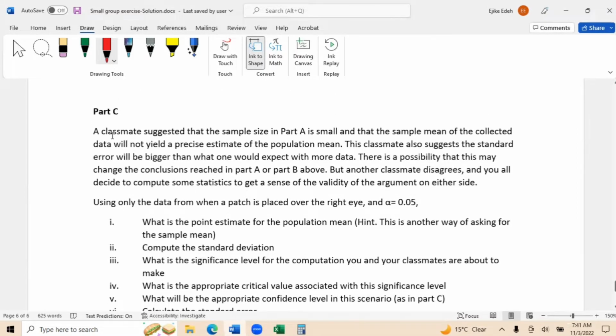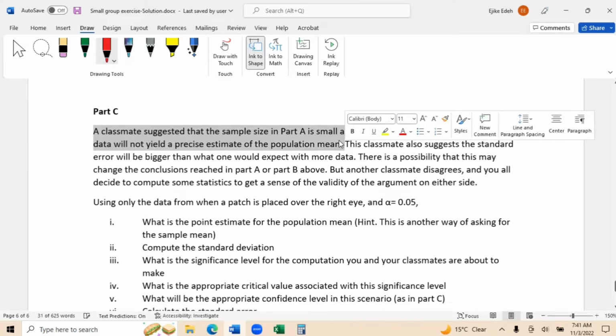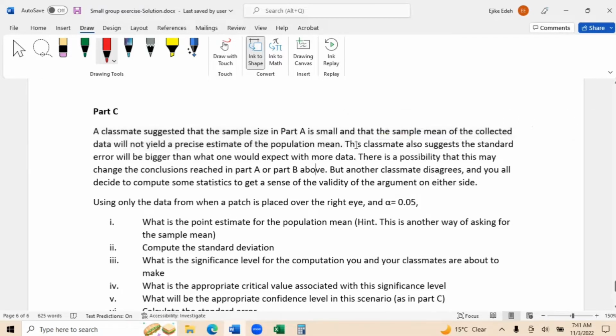So look at this. It says a classmate suggested that the sample size in part A is small and that the sample mean of the collected data will not yield precise estimates of the population mean. And that is true. Whenever the sample size is small, the sample mean will not appropriately represent what you have in the population.